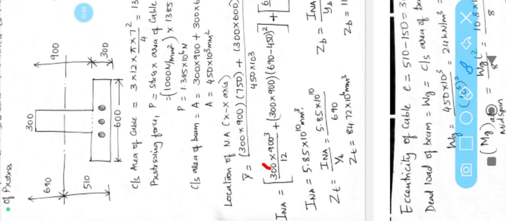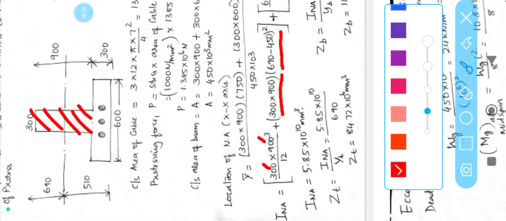So here, for Igx, the moment of inertia of the rectangle section is BD cube by 12. B is 300, depth is 900. Now we are computing it for the web portion, and BD cube by 12 is the formula for the moment of inertia of a rectangle section, plus, according to the parallel axis theorem, A, which is the area of this rib or web portion, 300 into 900, plus h square, or y bar square, which is the distance between the centroidal axis of the flanged section and the centroidal axis of the rib portion.